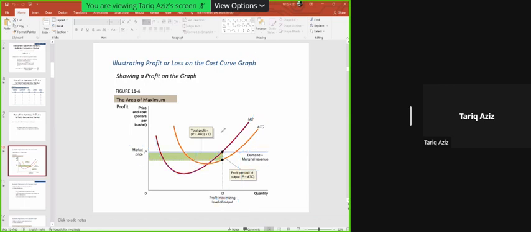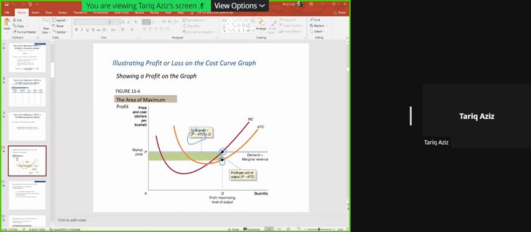The optimal point, the point where the firm will make the maximum profit, is the point where MC cuts MR, that is this point. At this point, average cost is this, and the difference between price and average cost is the profit. Profit is nothing but price minus average cost.